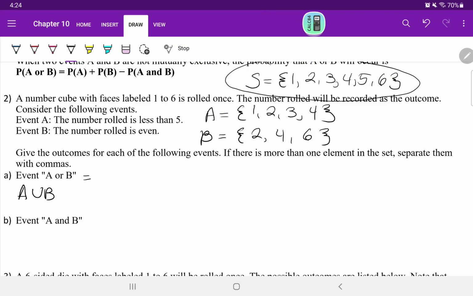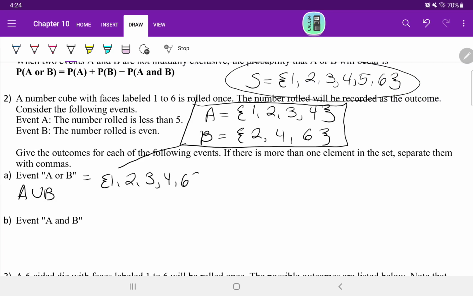If I unite these two sets together to form one overall set, that is going to be 1, 2, 3, 4, and 6. So once again, treat OR as the union between both of those sets.